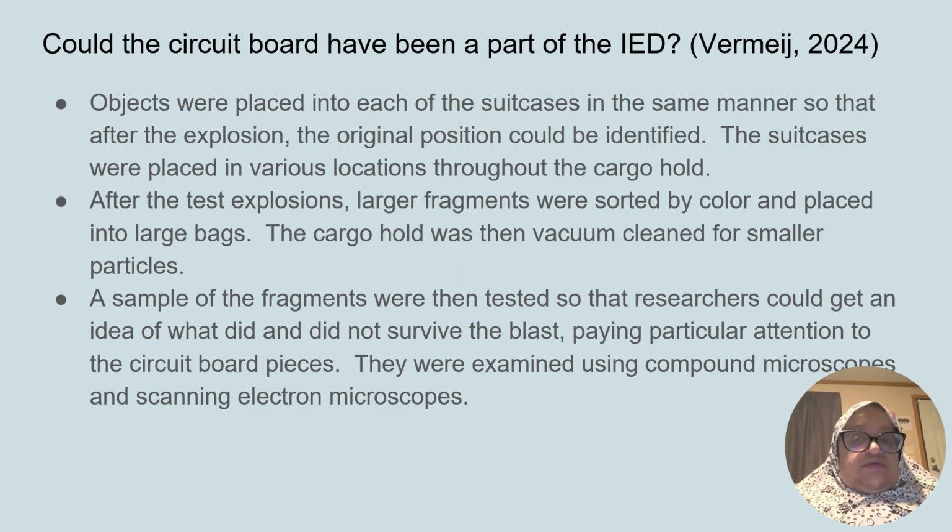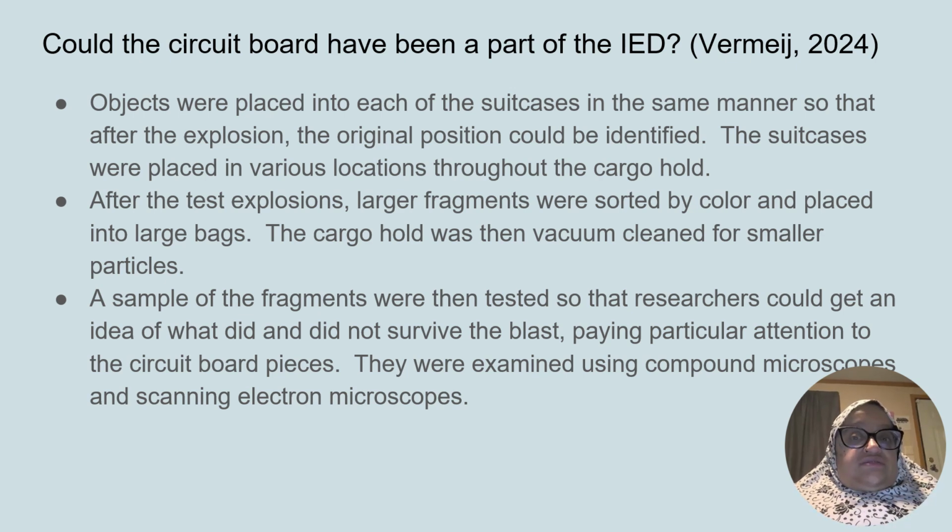In order to make sure that each of the trials had comparable results, the investigators placed objects in the suitcase in the same manner so that the original position could be identified. So, for example, the original suitcase is believed to have had shirts and other clothing material in it, and so stacks were similarly made in the test suitcases as well.